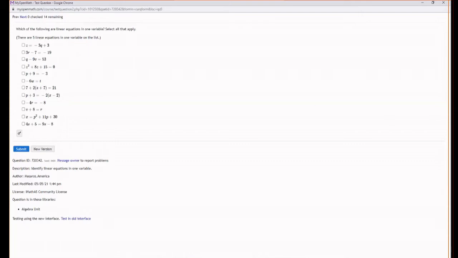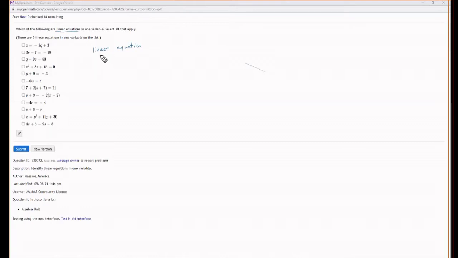One of the two key things that we want to look at here is a linear equation. First of all, the equation part means there has to be an equals in there, which all of these have, but we would want to be careful and not select anything that's an expression.